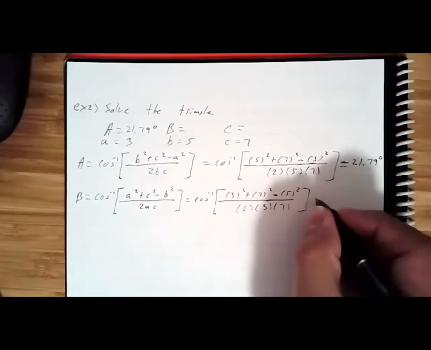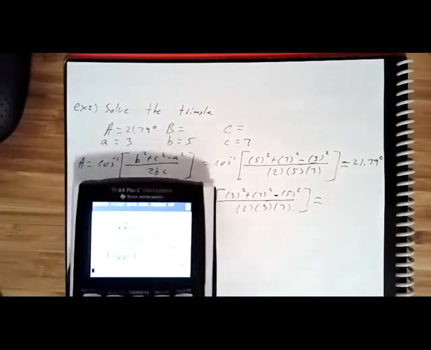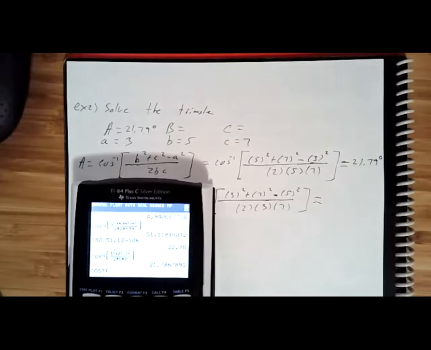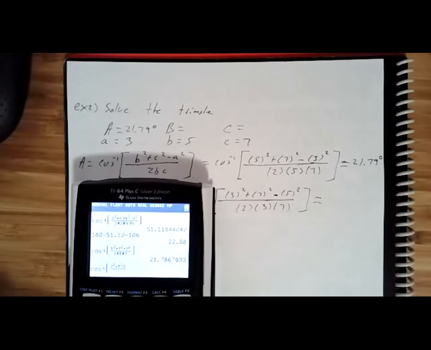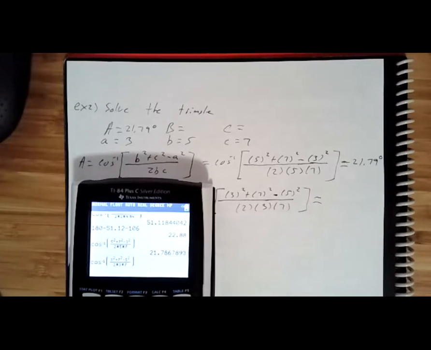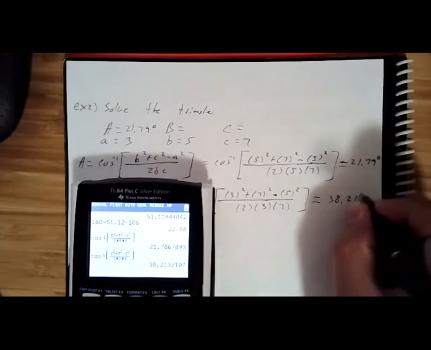There we go. Okay, so do it again into the machine. Oops, my fat fingers. 3 squared plus 7 squared minus 5 squared over 2 times 3 times 7. That will be 38.21 degrees.